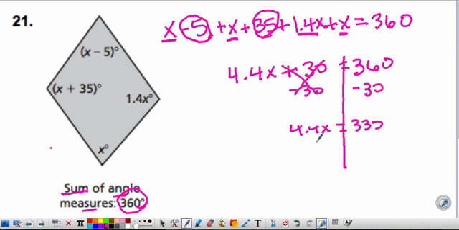We need to get rid of just the 4.4, and it's being multiplied, so we divide by 4.4 on both sides. 4.4 divided by 4.4 is 1x equals 330 divided by 4.4, which is 75.